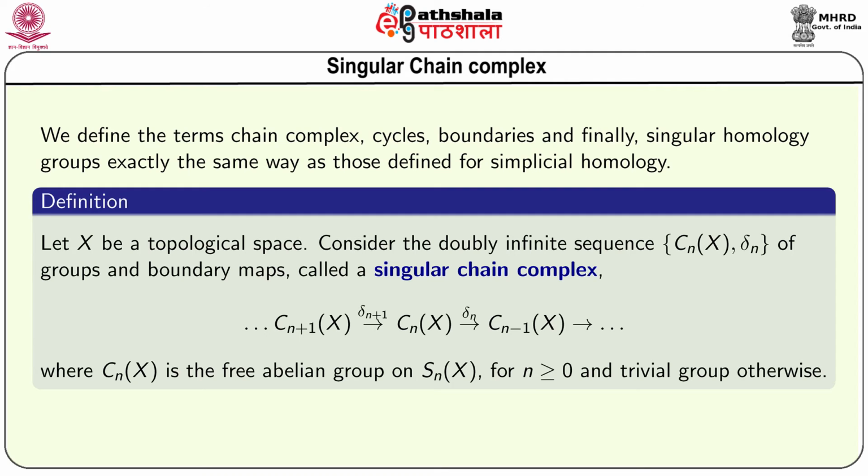on the topological space X, where C_n(X) stands for the free abelian group on S_n(X) for every n greater than or equal to 0, and it is trivial if n is less than 0.